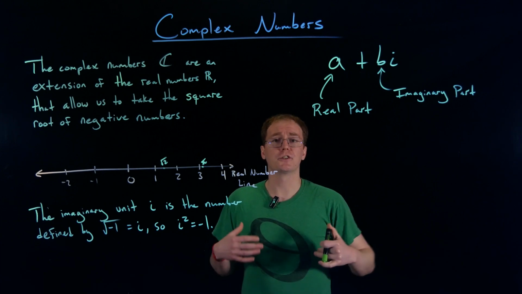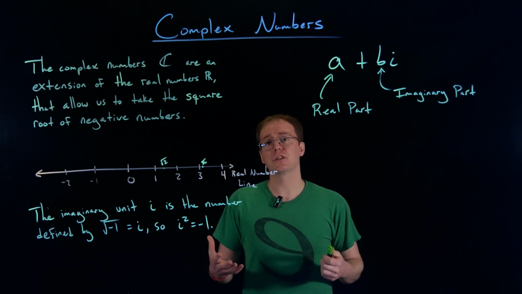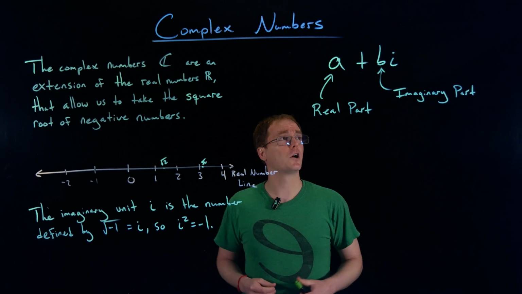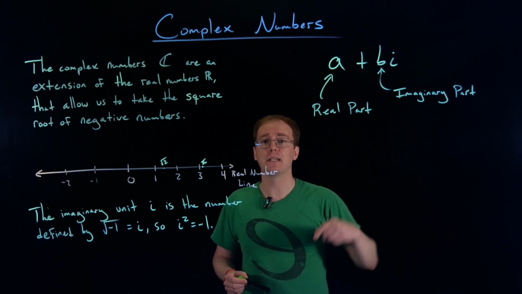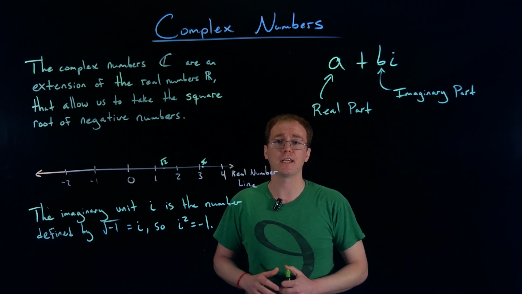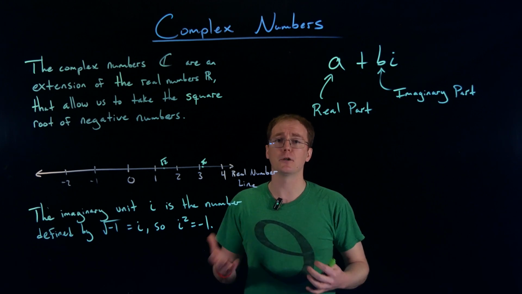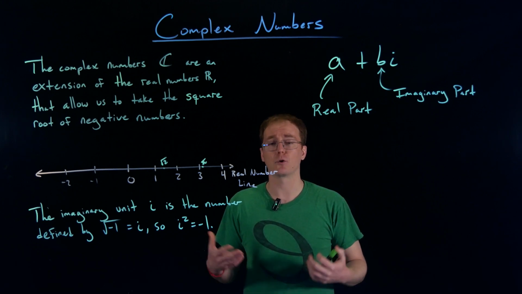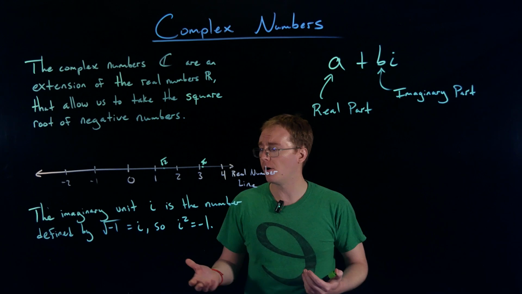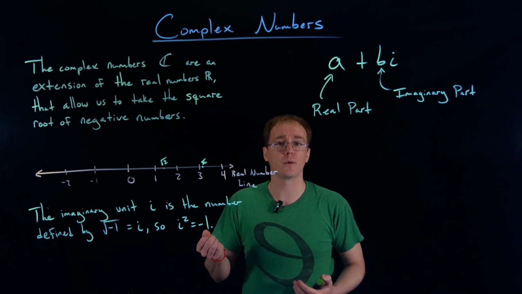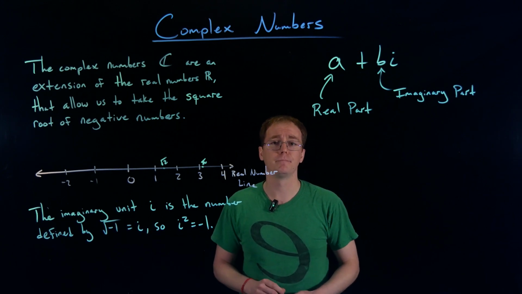And so this is all really just notation so far. When we're actually working and doing arithmetic with our complex numbers like a plus bi, we really just follow the same set of rules we use when we're doing arithmetic with radical numbers or radical expressions, because after all, i really is just the square root of -1.